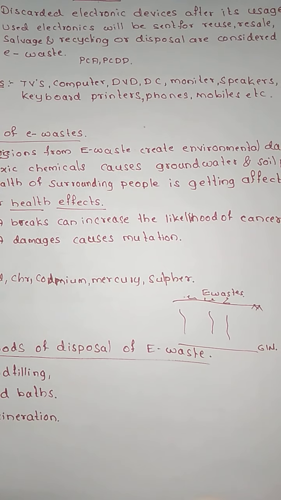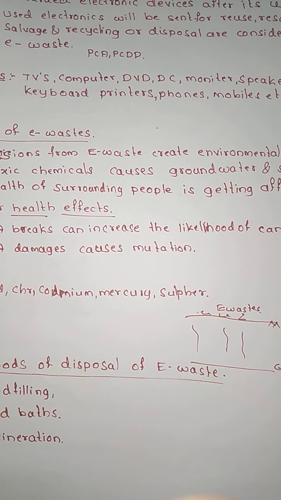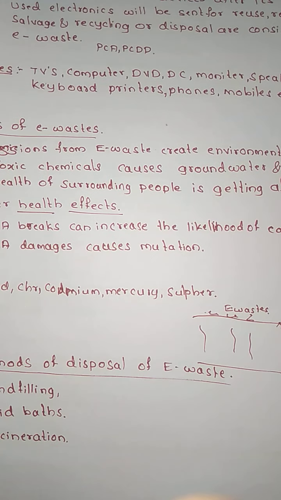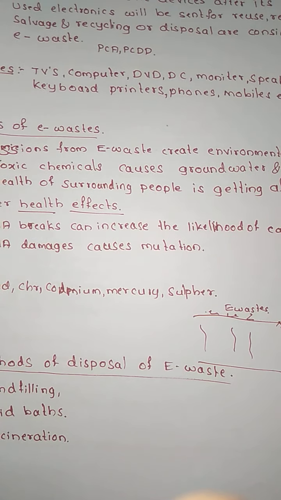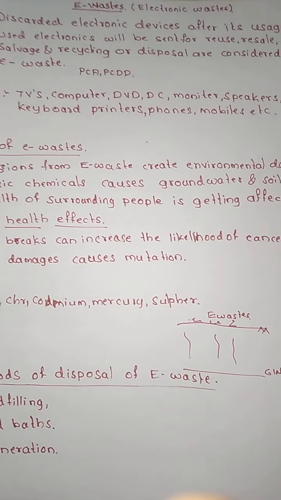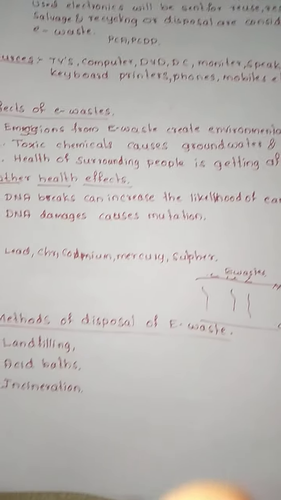The sources are your homes, offices, and the electronic industry. So these are the different sources of e-waste. This is regarding e-waste. Now, the effect of e-waste on the environment.